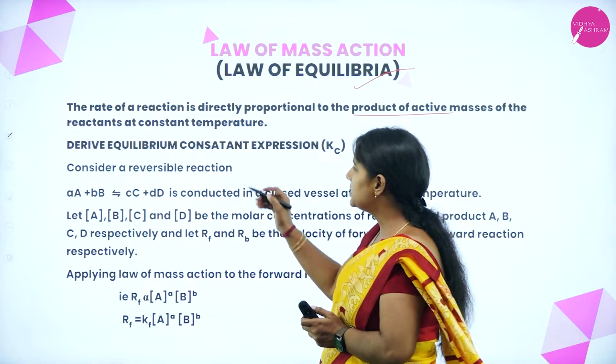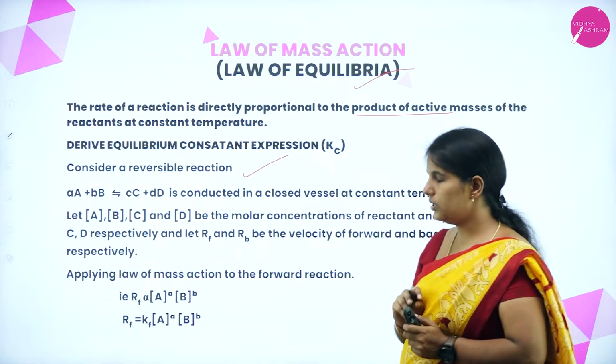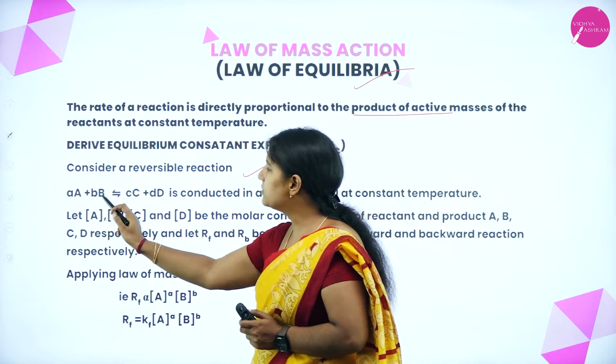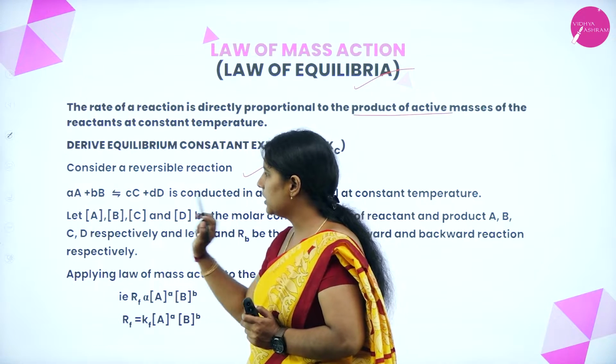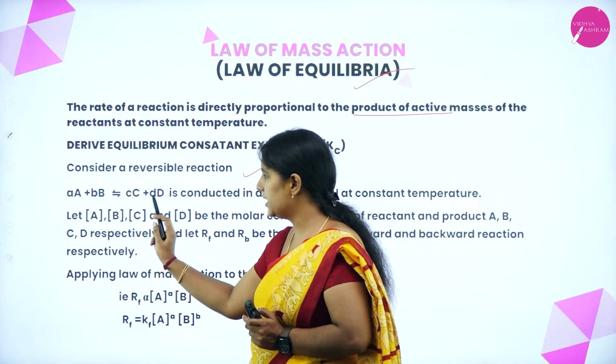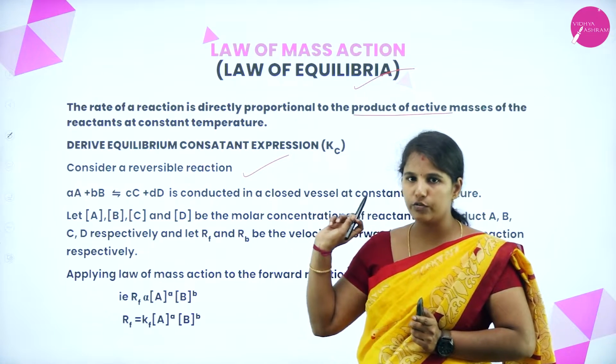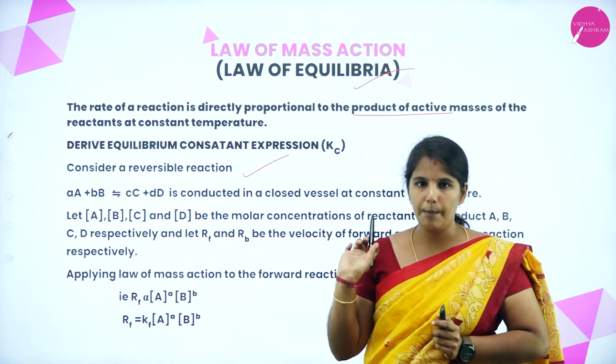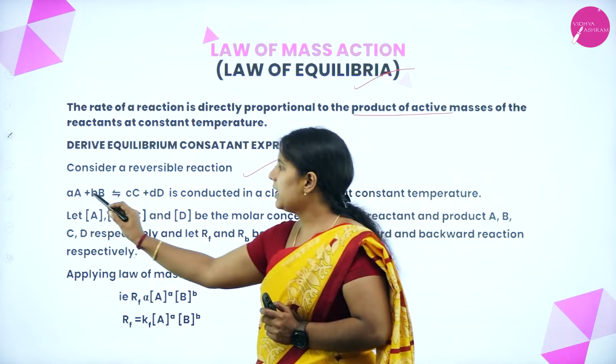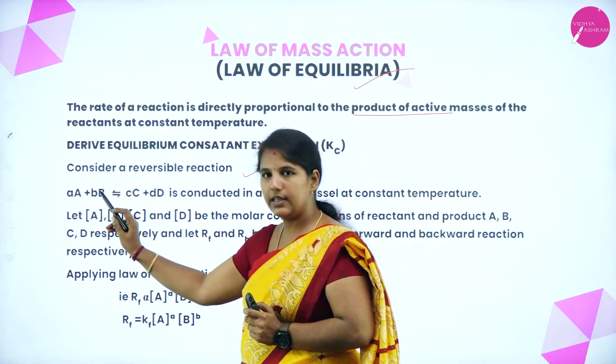Okay. I'll consider a reversible reaction where aA plus bB is giving rise to cC plus dD. The small a, small b, small c and small d are nothing but stoichiometric coefficients. They are nothing but numbers. Whereas capital letters A and B are the reactants.